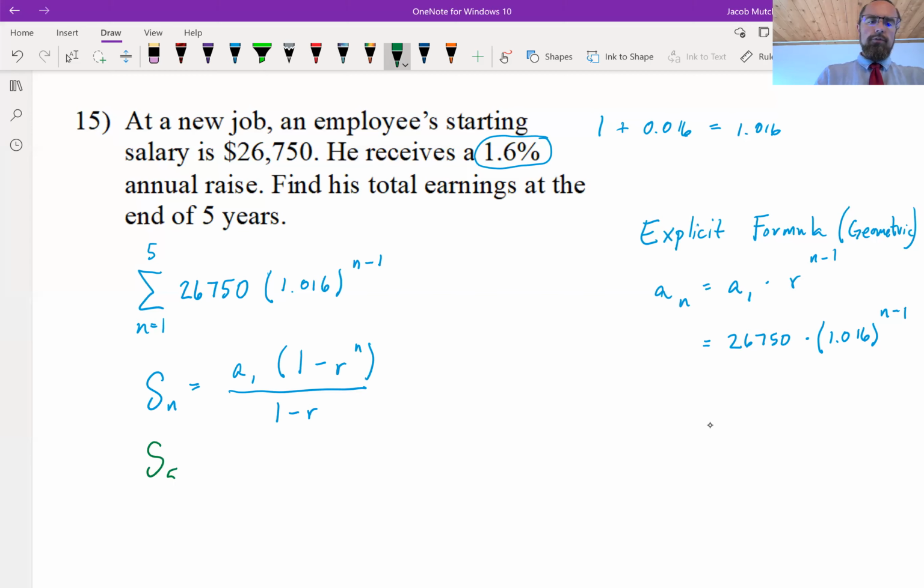We're interested in the first 5 years added up. The initial salary, 26,750, times 1 minus the common ratio, 1.016 to the power of 5, all over 1 minus 1.016.